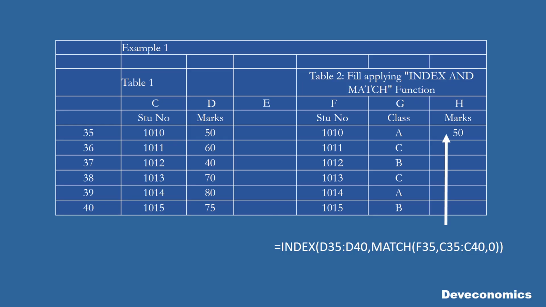The formula here is INDEX, you open the bracket, then you get data from table 1 column D, give the data range here, D35 to D40, comma, then open the MATCH function, open bracket, your lookup value is F35, comma, lookup array is C35 to C40, this range, and comma, put 0 for exact match and then close the bracket.